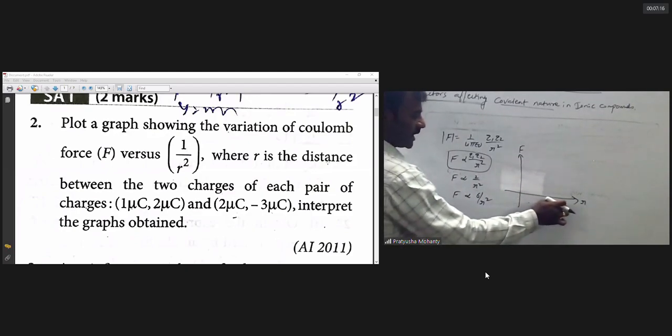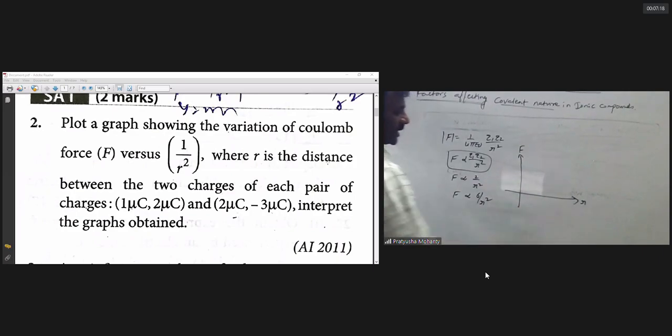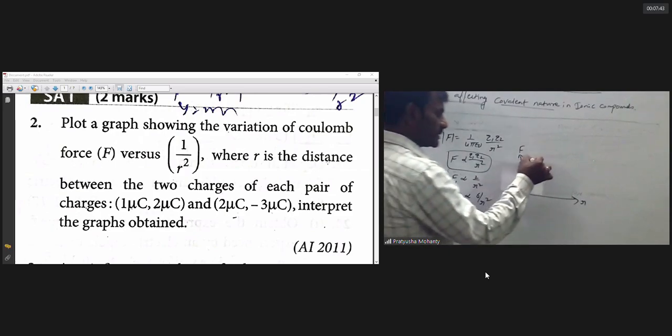As the R value increases, F1 and F2 decrease, but one is more than the other. For example, for R value 2, 1 by 2 squared, 4, means 3 by 2, so 1.5. This one is more than the first one, like this.